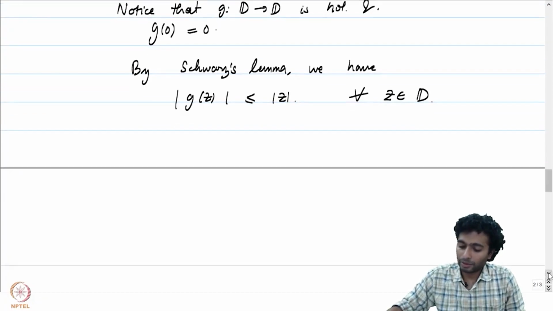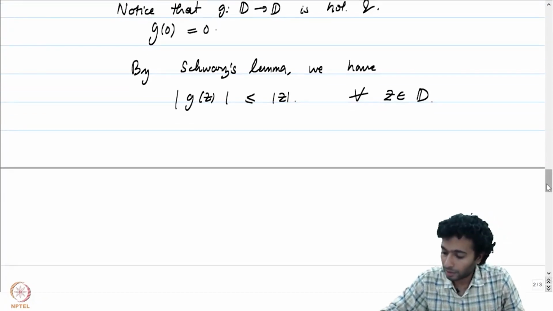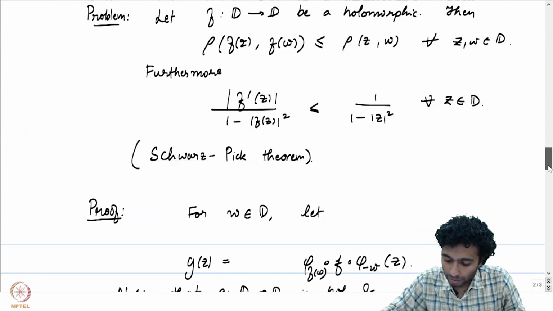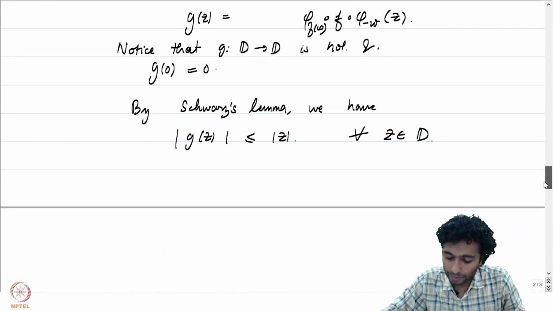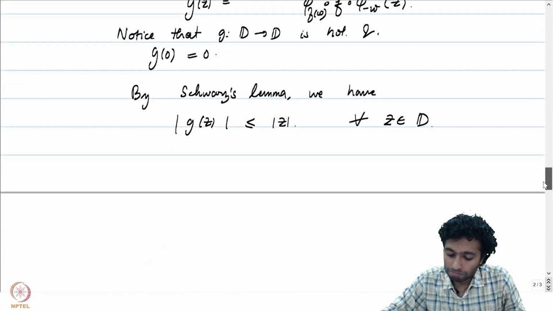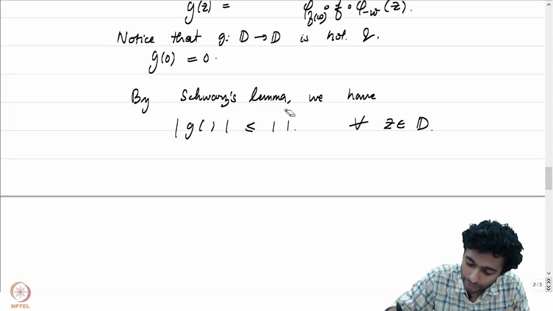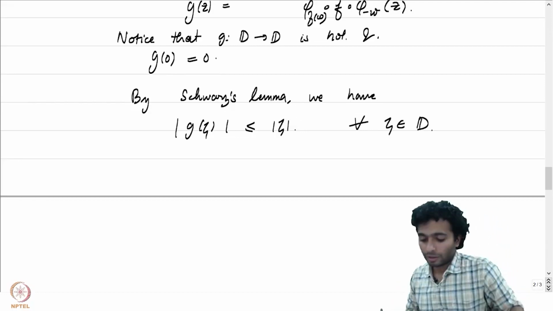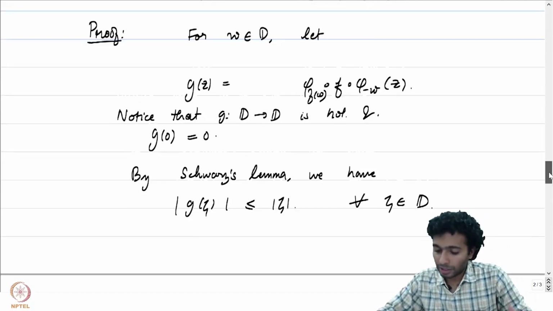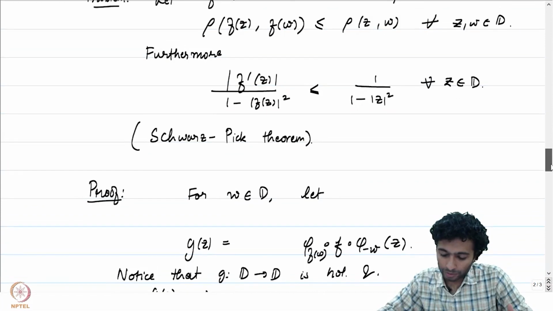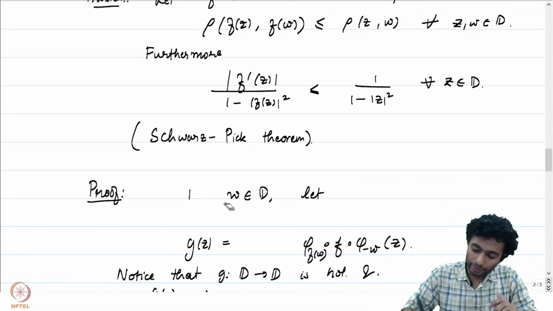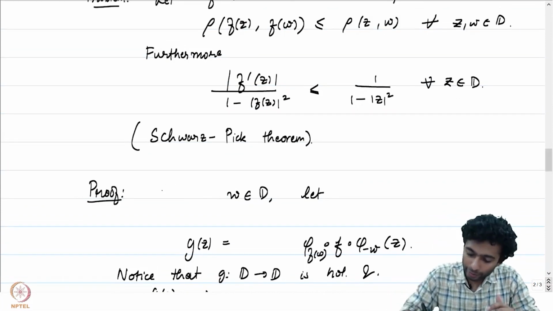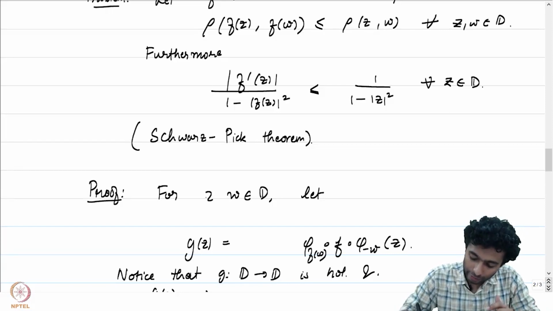So in particular, I should have maybe used zeros, or maybe we should change this notation to some zeta, because I'm now going to use z and w as fixed above. We were trying to prove this for every z comma w, right?